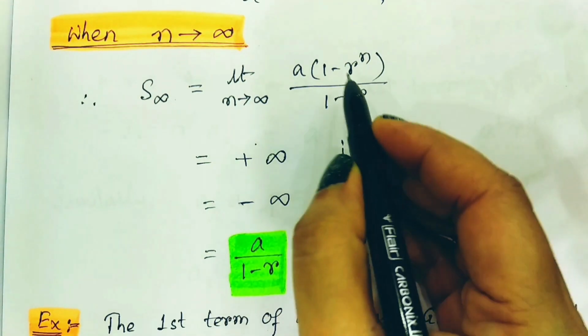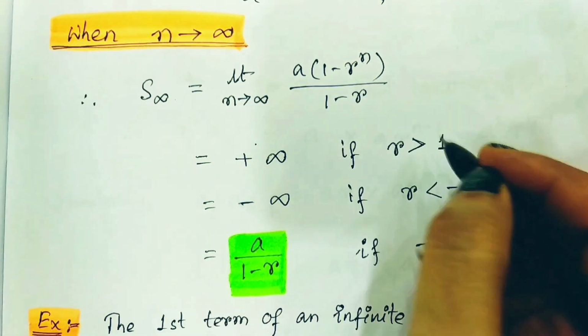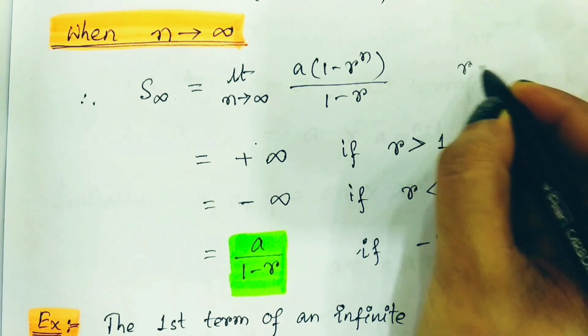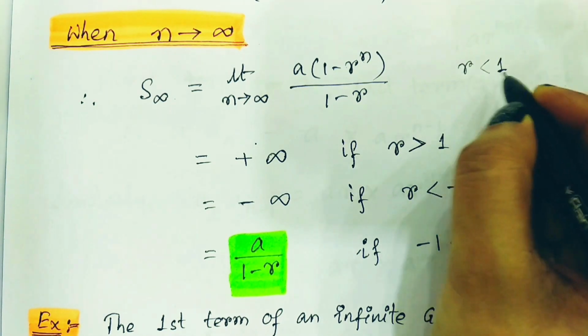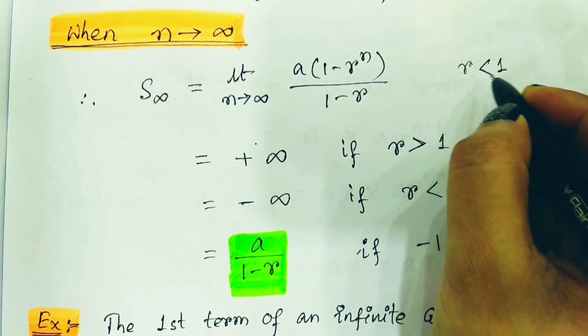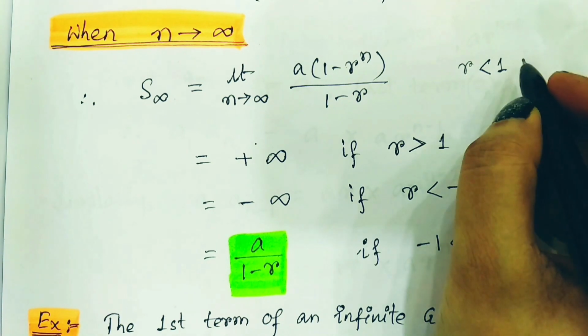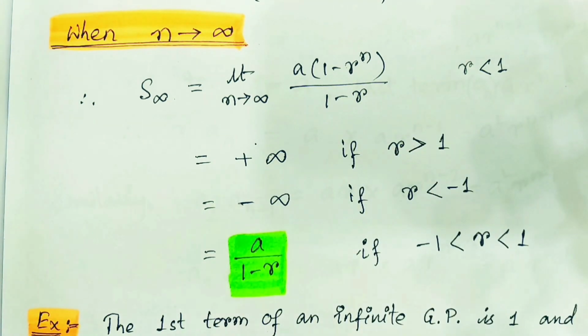So n going towards infinity means what? Here if we substitute r to the power n, if the r value is less than 1, but definitely greater than 0, then what happens? r may be half or a value like this, and its power is infinity. So that is definitely something divided by infinity, and anything divided by infinity is 0, that we know.